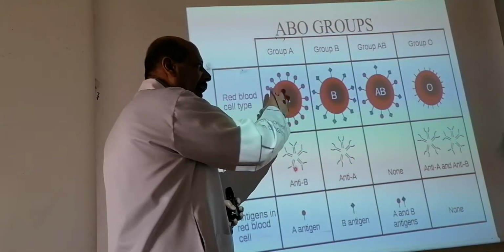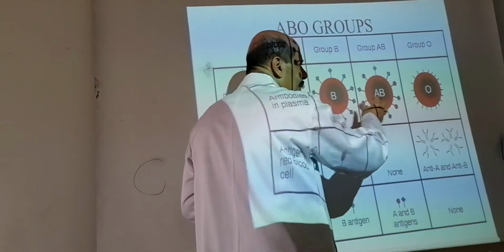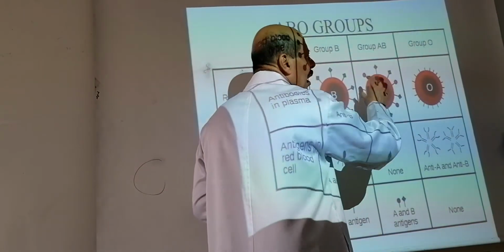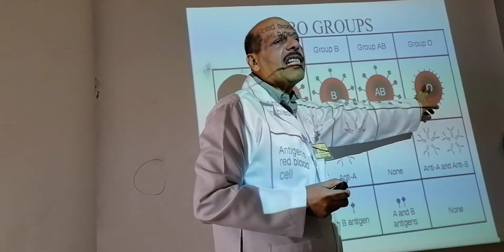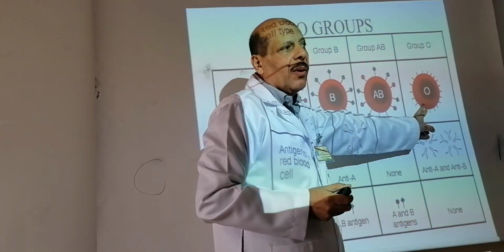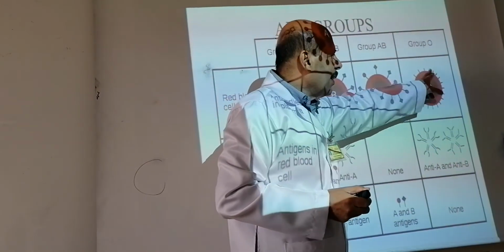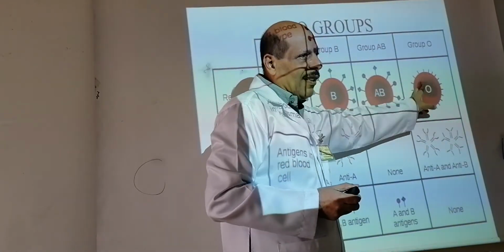So A cannot be given to O, B cannot be given to O, AB cannot be given to O. Only O can receive from O group because there is no antigen.